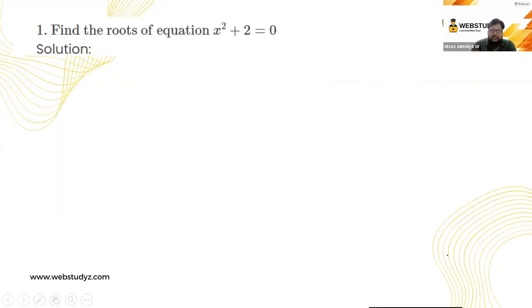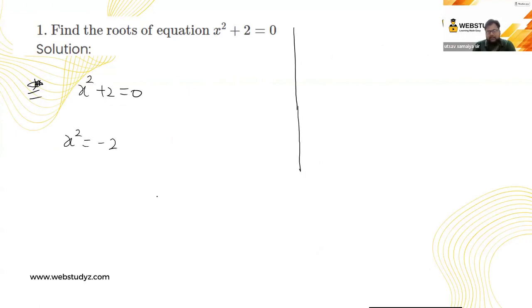Now, the same question we will solve with the completing the square method. The question says, find the roots of the equation x square plus 2 is equal to 0. So if I'm equating it, we get x square equal to minus 2. So for real x, it is not possible.